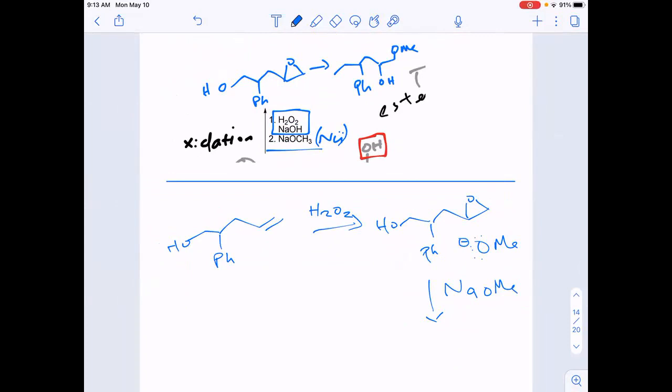The thing about epoxide openings is that it's going to be dependent on the substitution pattern of the epoxide, and it's going to be dependent on the conditions. So if it's under neutral conditions, it's going to open at the least substituted site.